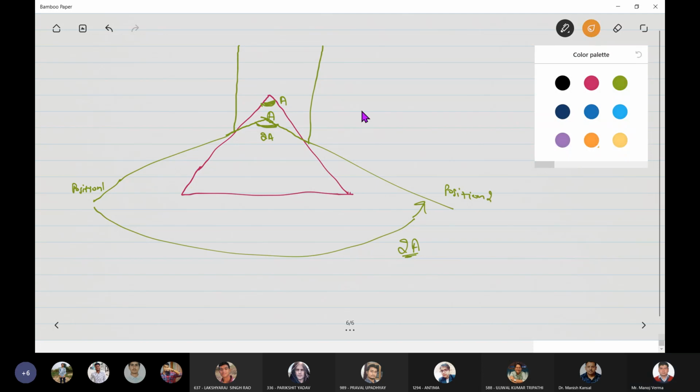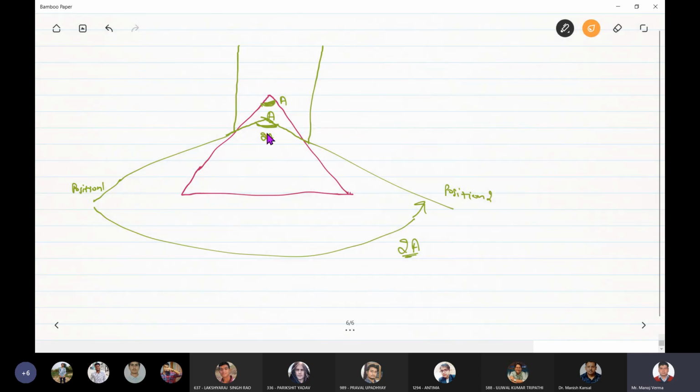This you can prove like the geometry you studied in 9th or 10th class. You have to prove that this angle will be twice of this angle. This is your homework. Make some triangles. If you join this, create a line here, let's say this is A, this is X, this is Y, this is Z. So in triangle XYZ this angle will be this, this will also be an angle, and here also there will be an angle.